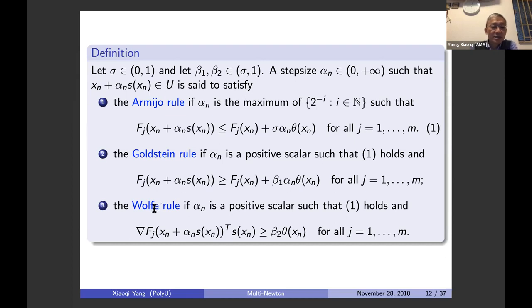Then another one is the Wolfe rule for the line search. Again, we have another inequality, which uses the first order approximation of the objective function instead of just the function value. So those are the different kinds of line search that can be used.